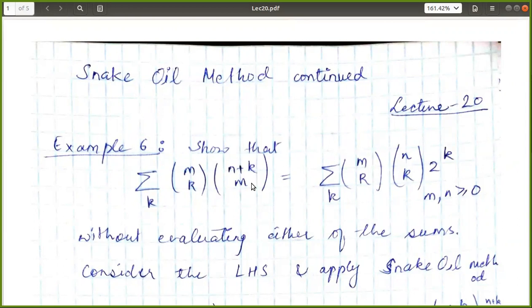But you already said that you are taking this for every k. So how do you say that tk plus 1 over tk is a fixed function of k?